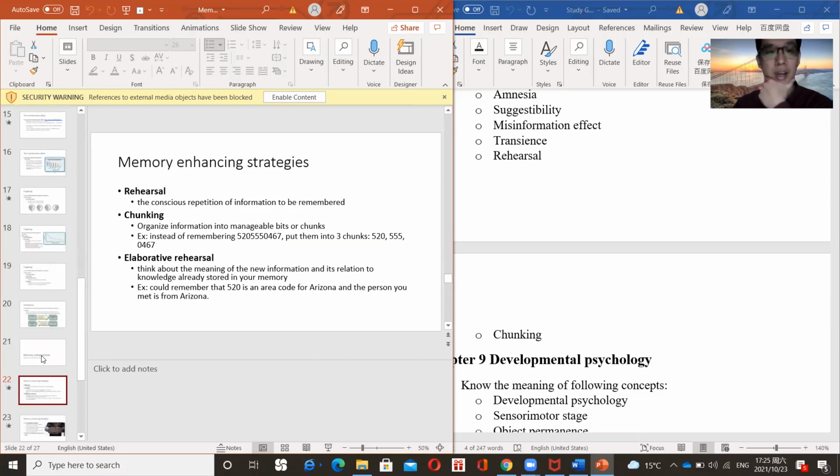Those are strategies to help us have a better memory. Rehearsal is just the repetition of information. Repeat the information many times. That's the basic way to have a stronger long-term memory, the basic way that short-term memory can go to long-term memory.